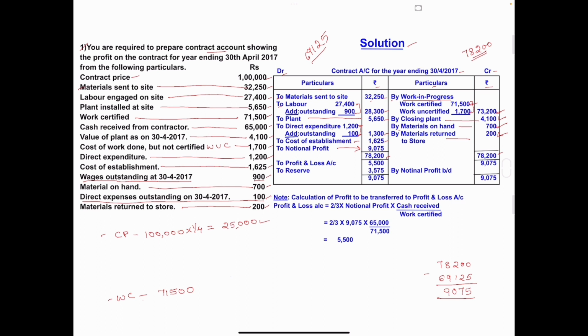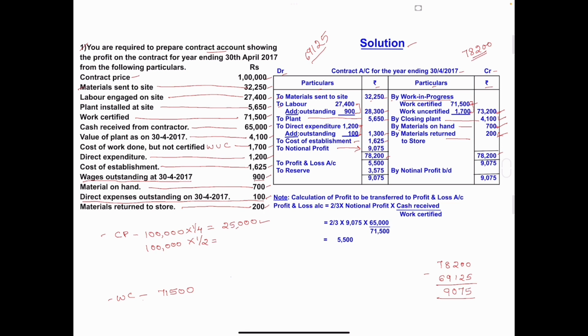Second condition is if the work certified is more than one-fourth but less than half, in such cases, one-third of notional profit is transferred to profit and loss account. So we'll calculate the half of the contract price. 1 lakh into half.